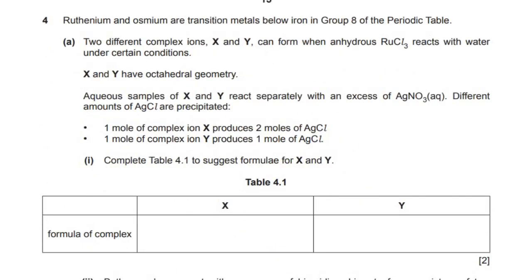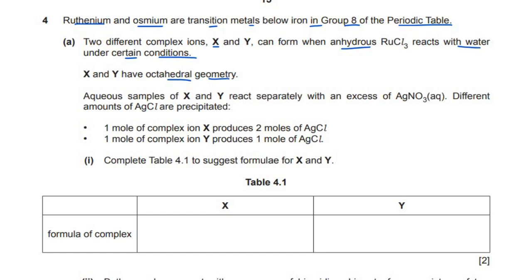Okay, question 4 says ruthenium and osmium are transition metals below iron in group 8 of the periodic table. Two different complex ions X and Y can form when anhydrous ruthenium chloride, that is RuCl3, reacts with water under certain conditions. Now X and Y are octahedral geometry.